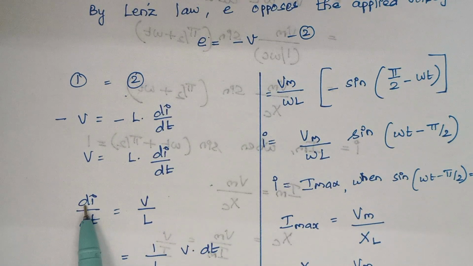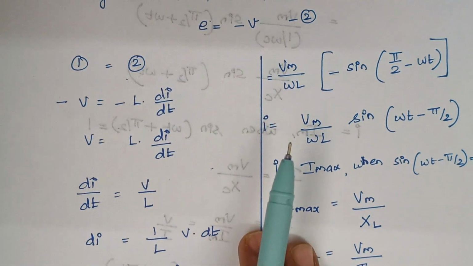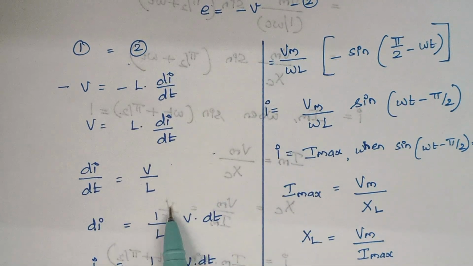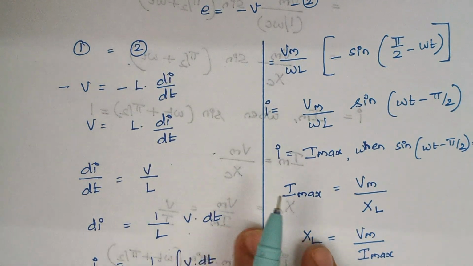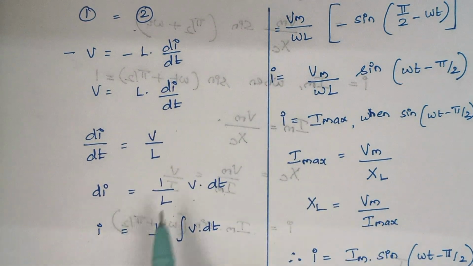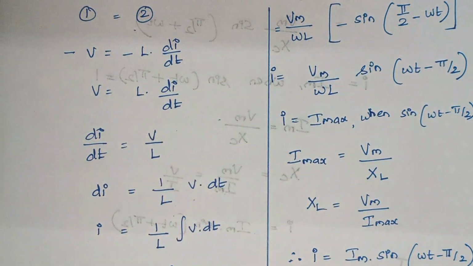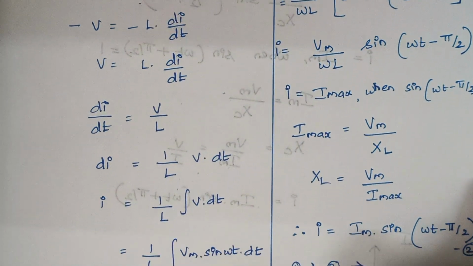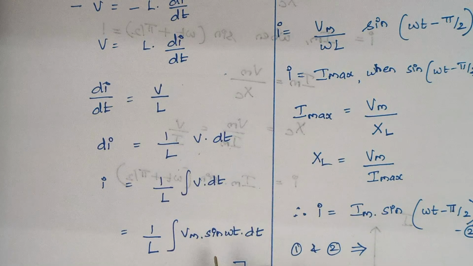Now we are calculating the current that flows. Therefore di is equal to 1 by L into v into dt, right? This dt comes to this side as a numerator part. Next we need i, so we are integrating. So when you integrate, di becomes i, equal to 1 by L integral of v into dt, right? So what is the value of v? v is nothing but Vm into sin omega t into dt.